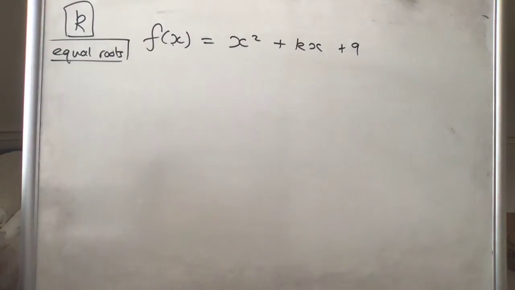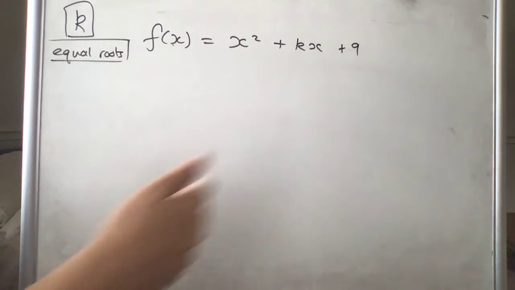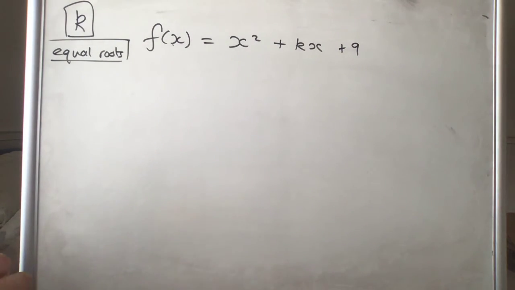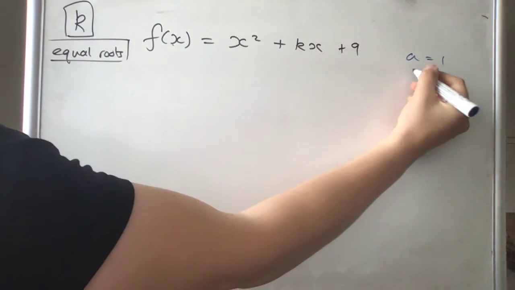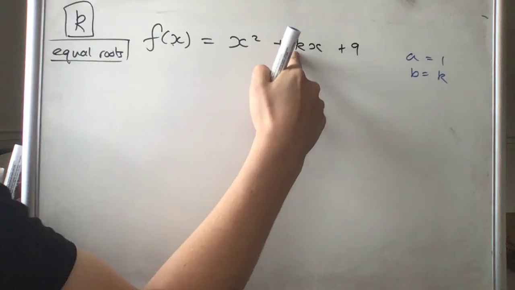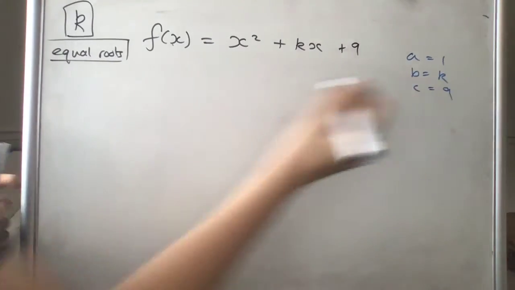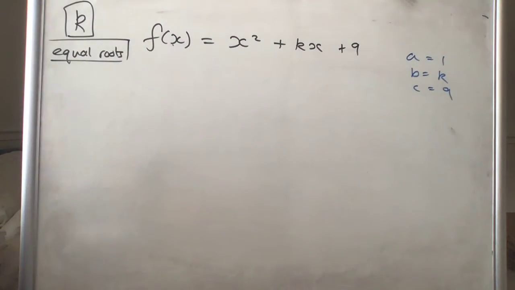Right, from the quadratic function here expressed as ax squared plus bx plus c, we know that a is equal to 1, b is equal to k, okay, and c is equal to 9. So let's identify a, b, and c, and you should really always do this when you're dealing with the discriminant, okay?